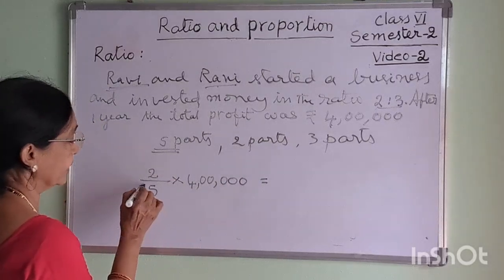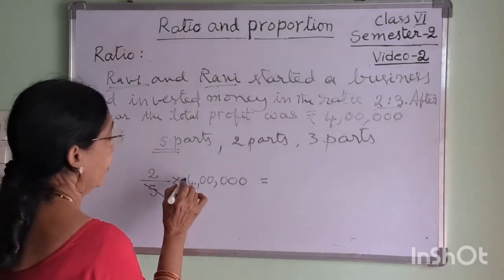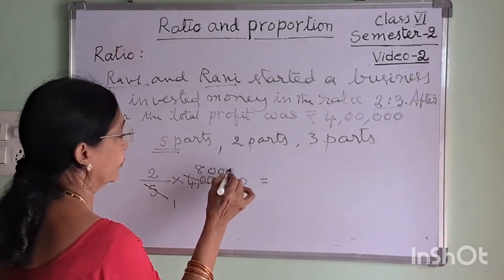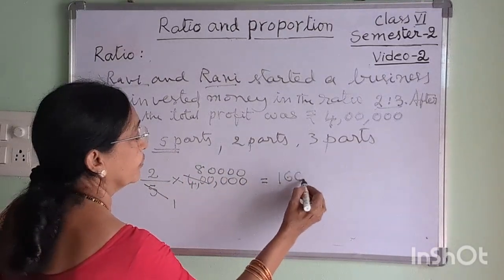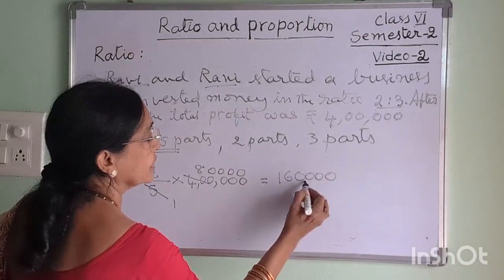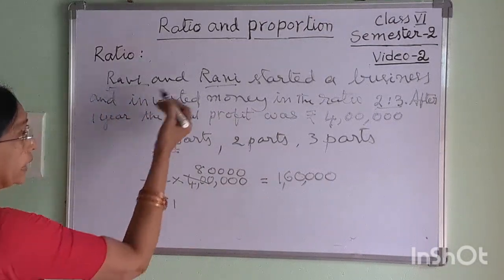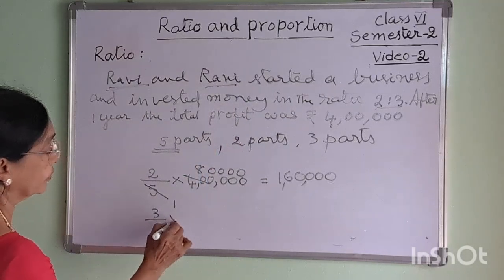We can cancel by 5. 5 ones are 5, 5 8s are 40, and we get 4 zeros. 2 8s are 16, and 4 zeros. So this is 1,60,000. And the other one, Rani gets 3 parts out of 5.